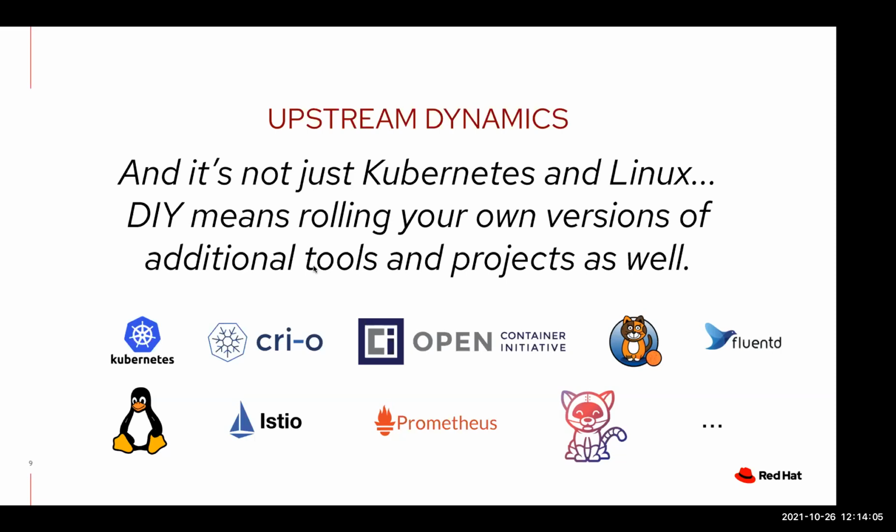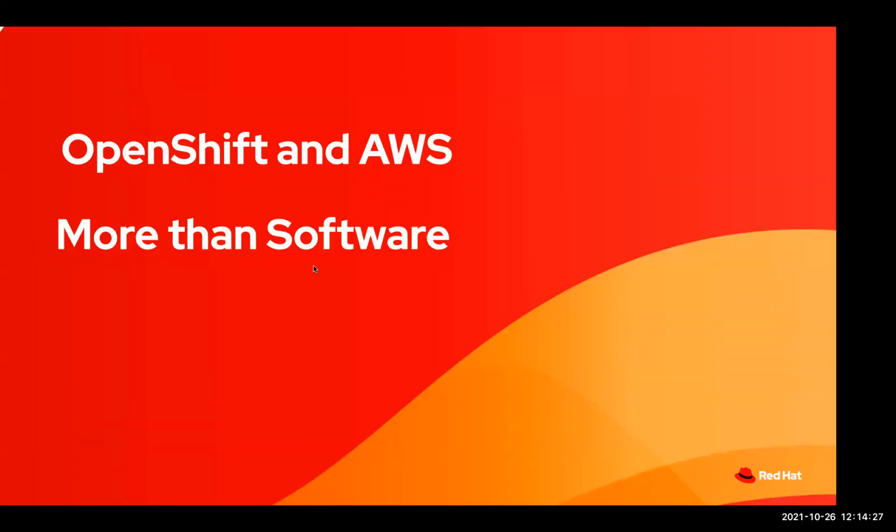We then go through, we harden it, we add security enhancements, feature enhancements, and then we bake that into our OpenShift, and that's what we ship to our customers. And so, we're providing service level agreements, we're providing lifecycle management, and with something like a managed solution, we're providing even more. And so we'll jump right into that now.